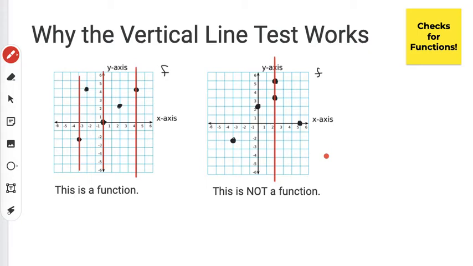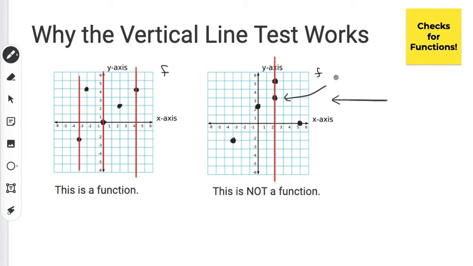So that's how the vertical line test works, but I haven't really talked about why the vertical line test works. So just to give you an example, I'm going to be drawing from this second graph right here. Now for this second graph, what points do I go through when I draw my vertical line? Well, I go through this point.